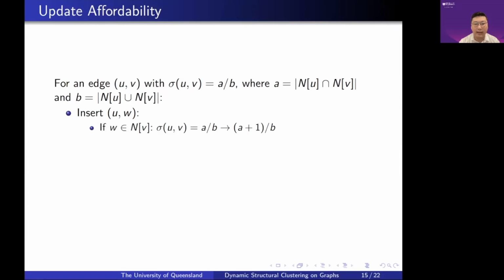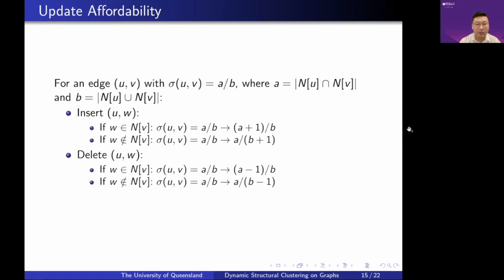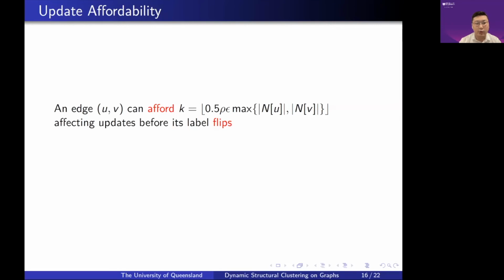So sigma UV is increased to (A plus 1) over B. And if W is not in the neighborhood of V, then the size of their intersection stays the same, and the size of their union is increased by 1. So sigma UV is decreased to A over (B plus 1). And the same holds for deleting an edge UW. We can prove that an edge UV can afford at least K affecting updates before its label flips.